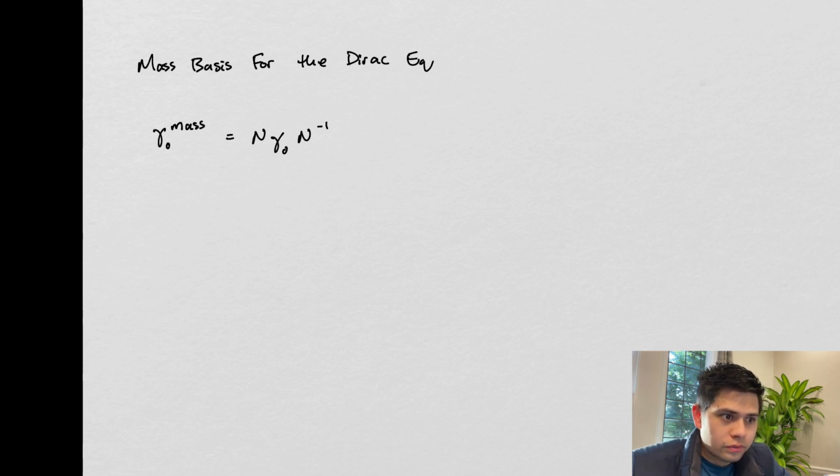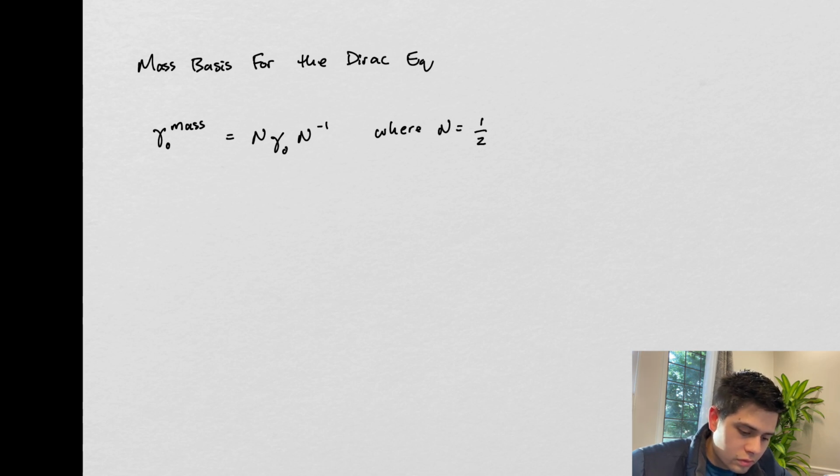And so where n equals this matrix, 1, 0, 0, 1, and -1, -1, 0, 0, and 1 and 1.